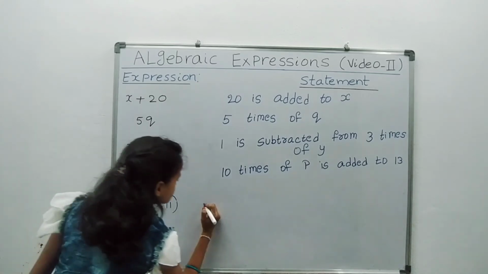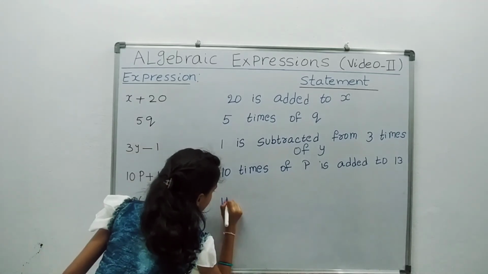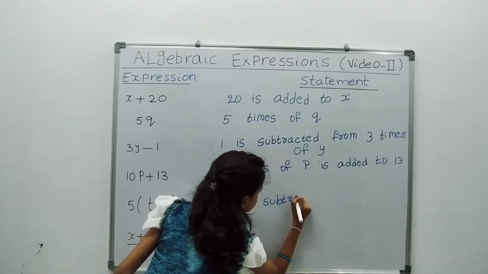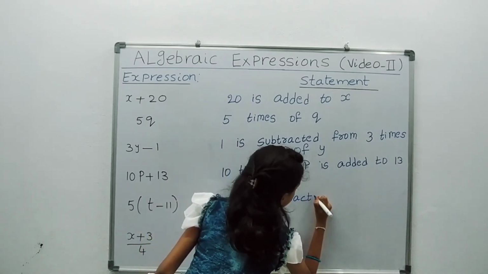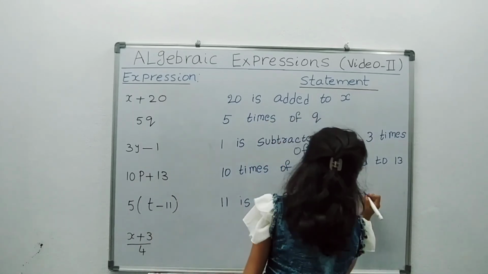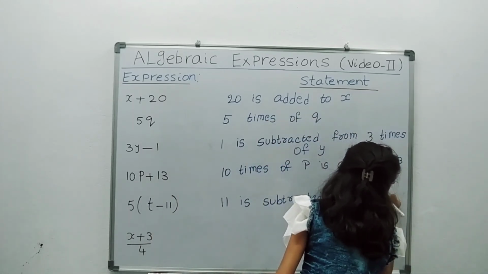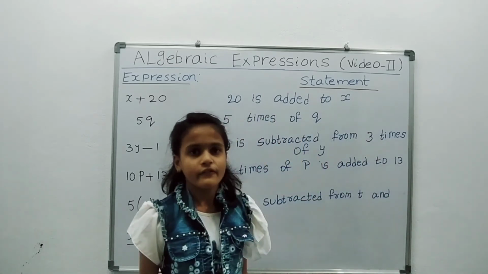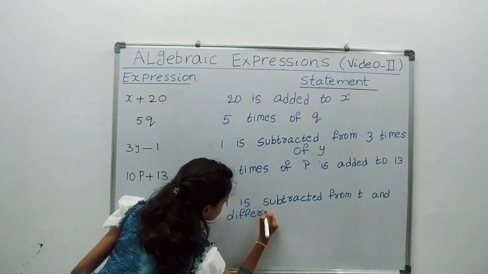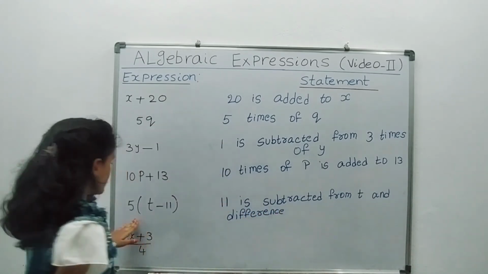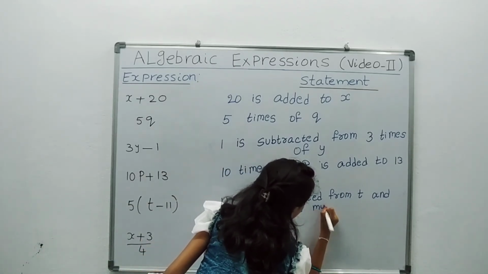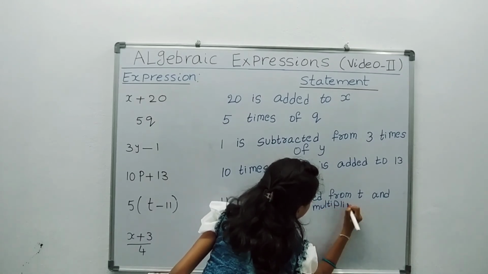See, I write 11 is subtracted from t and the difference is multiplied by 5.